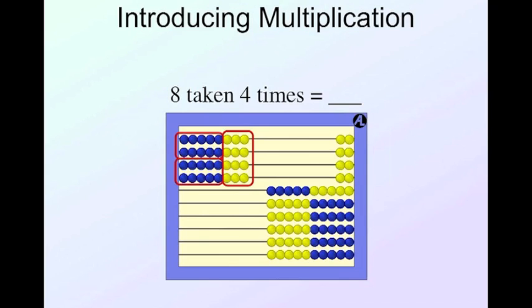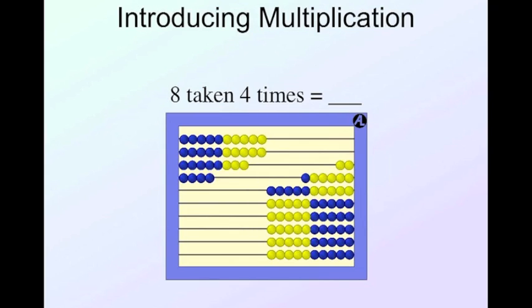Here we have 8 taken 4 times. We can solve this one a couple different ways. I can see my 2 10s, so that's 20. Here's 12, so 20 and 12 is 32. I could also do it by seeing it as here's 16, 10 and 6 more with the yellow, so 16, and 16 plus 16 is 32.